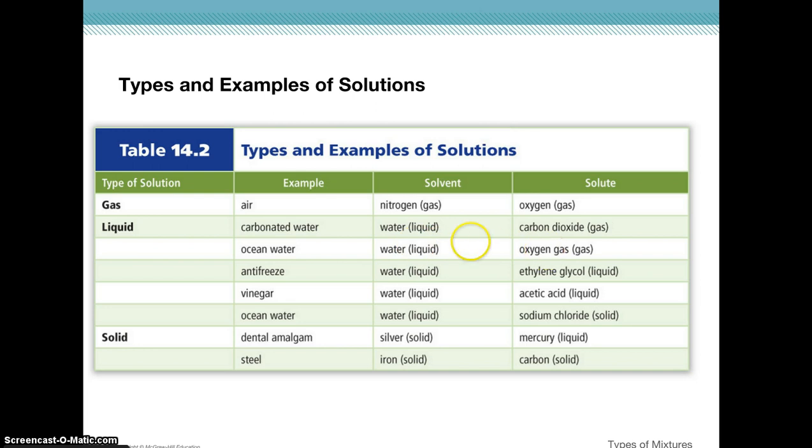There is oxygen dissolved in the water. You can have liquids dissolved in liquids, like vinegar is acetic acid dissolved in water. Okay, you can have solids dissolved in liquids, like salt water. Sodium chloride is a solid dissolved in water. So there are lots of different solutions. We're going to focus on the ones where water is the solvent.